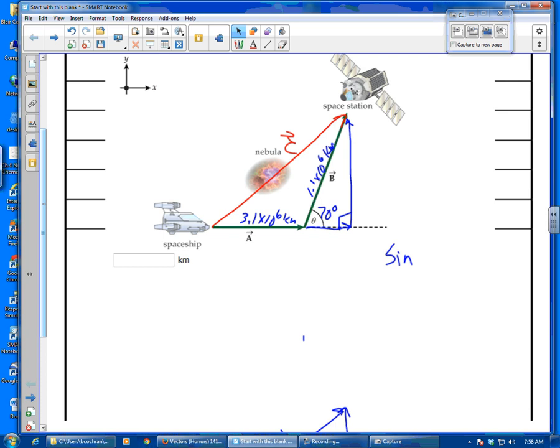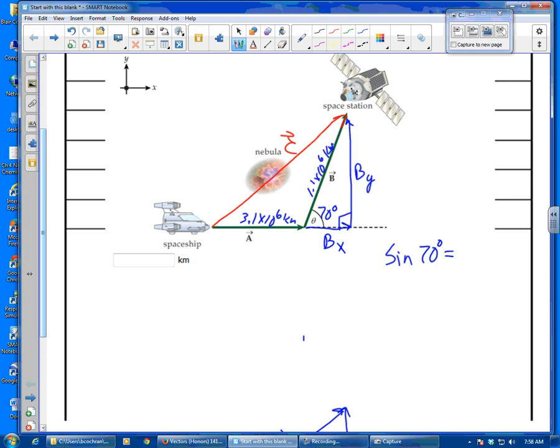So I'm thinking sine of the angle, which is 70 degrees, equals opposite. Let's call this B sub y, and we'll call this B sub x, saying this is the x component of B, and this is the y component of B. That's the only reason I picked those letters.